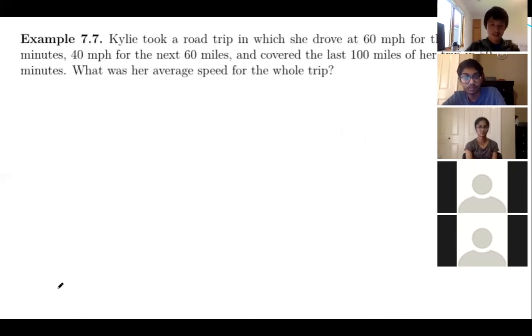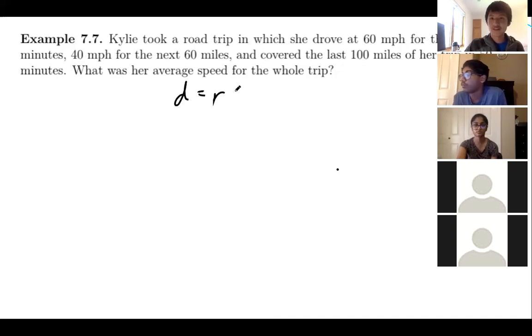Okay, so let's take a look at this problem. In the road trip, Kylie first drove at 60 miles per hour for the first 90 minutes, 40 miles per hour for the next 60 minutes, and covered the last 100 miles of her trip in 50 minutes.